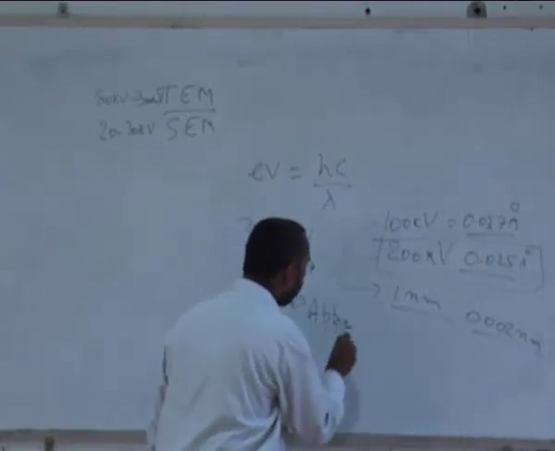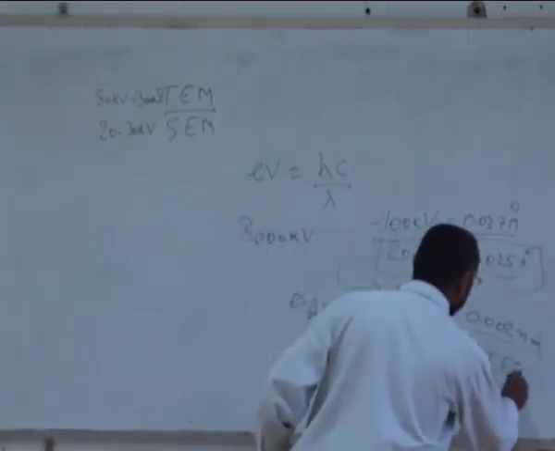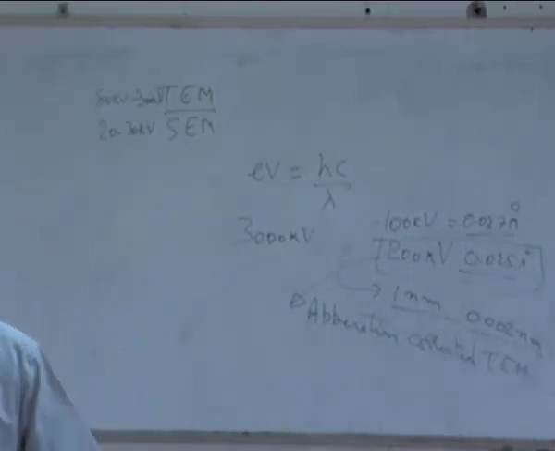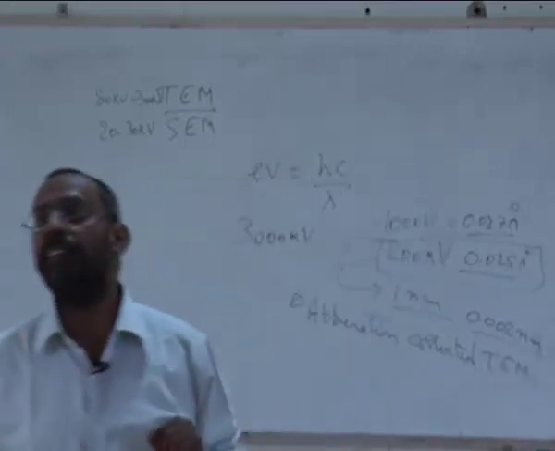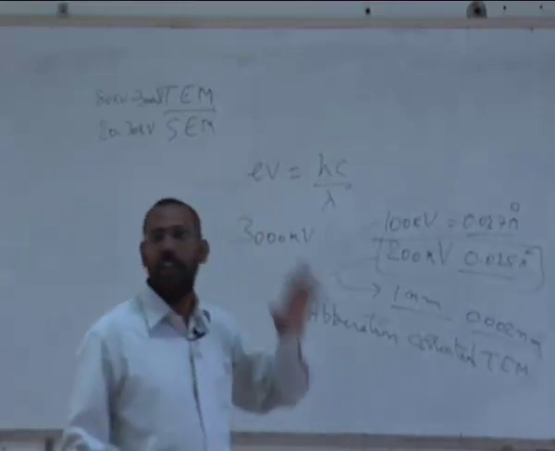We have now what are called aberration corrected TEMs that are available, though they are quite expensive. They cost about 15 to 25 crores, but they are available, and people are correcting these aberrations by correcting the magnetic lenses. The aberrations generated by these magnetic lenses are corrected mostly with electronics.